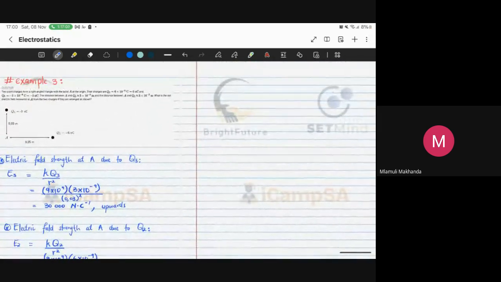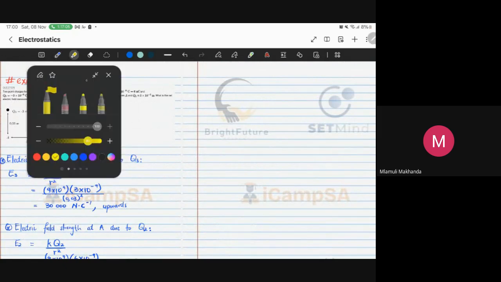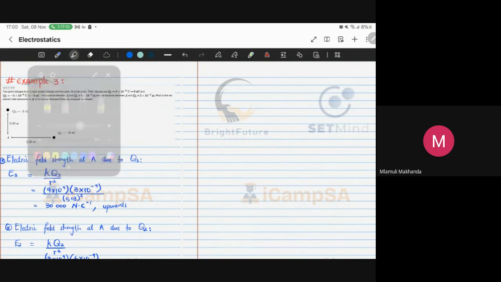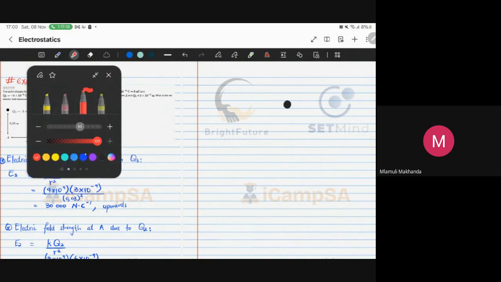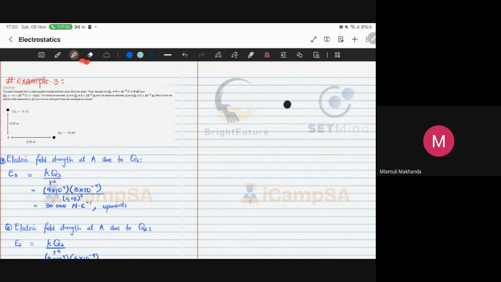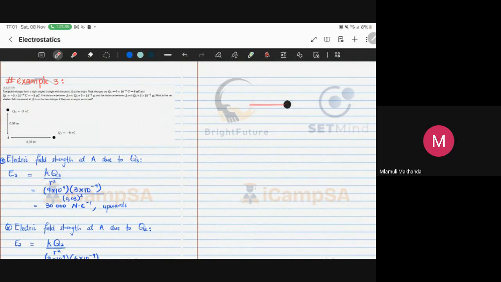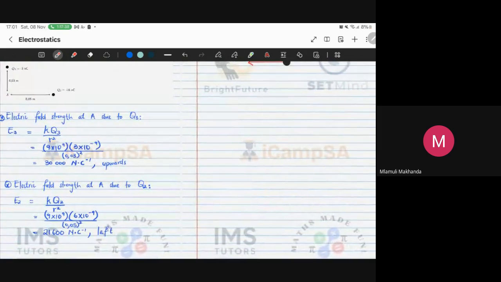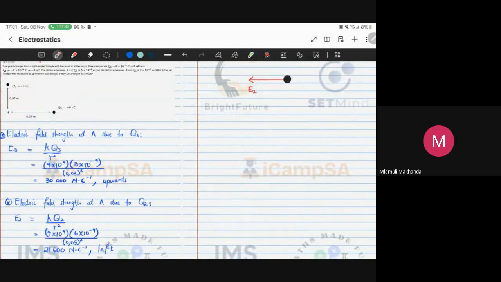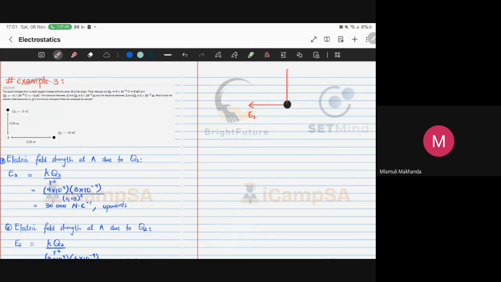So what will happen here is, let's call this point A. Imagine this is point A. So at point A, you will get one to the left, which is E2, and you get another one to the upward direction, which is E1.